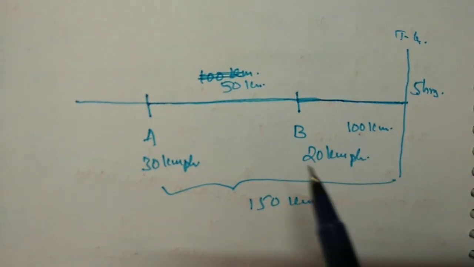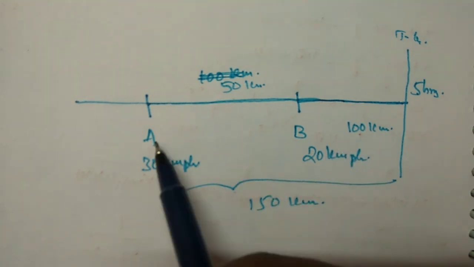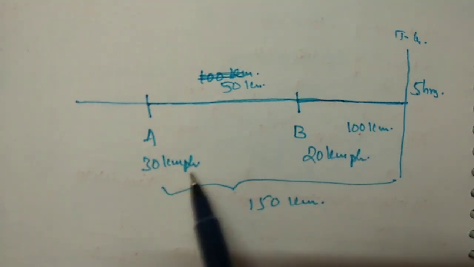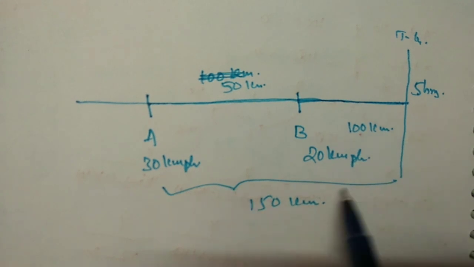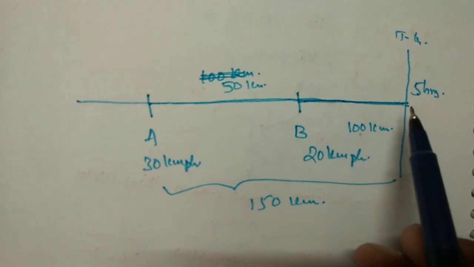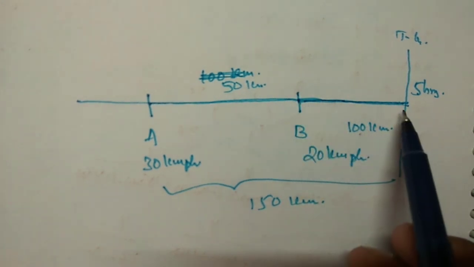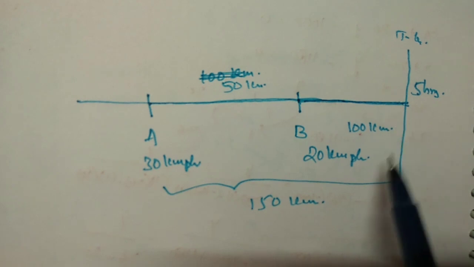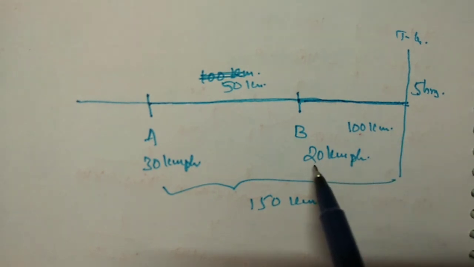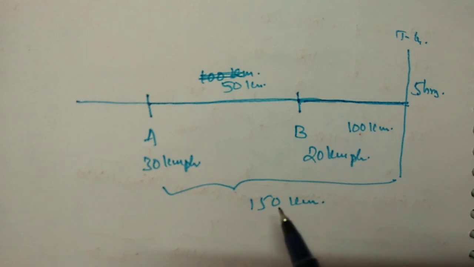So car 1 speed is 30 kilometers per hour. Within 5 hours, it can travel 150 kilometers. Car B, the second car from B, can travel 100 kilometers in 5 hours, as the speed of the car is 20 kilometers per hour.